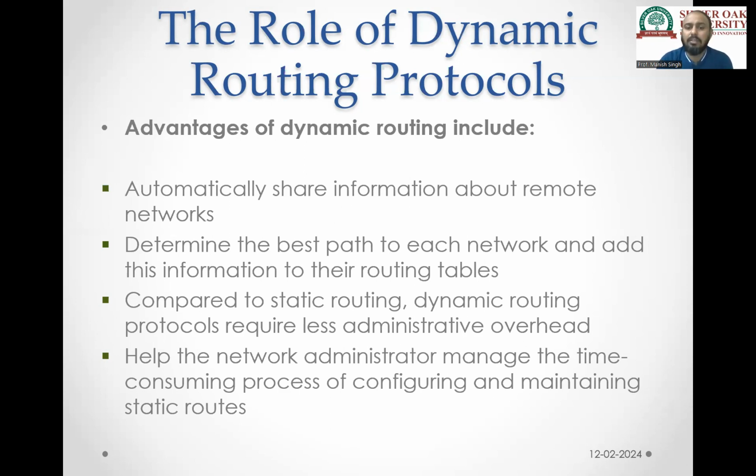It determines the best path to each network and adds this information to the routing tables. Compared to static routing, dynamic routing protocols require less administrative overhead because it's an automatic process. It helps the network administrator manage the time-consuming process of configuring and maintaining static routes.